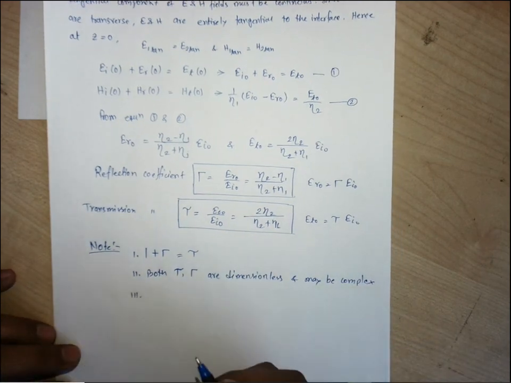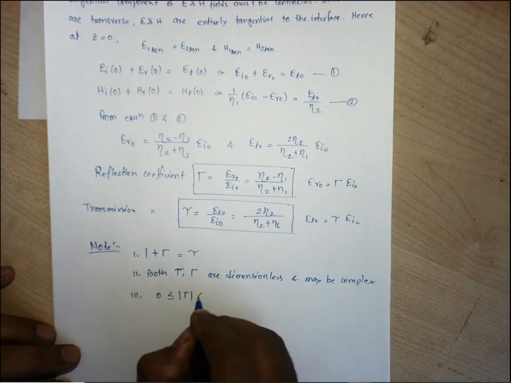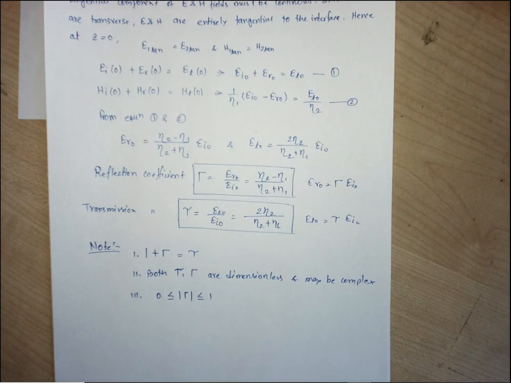Third point, the range of gamma is between 0 to 1. After this, next we'll take out different conditions for the different media.